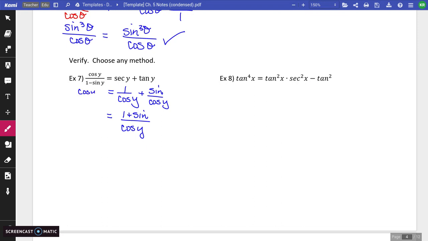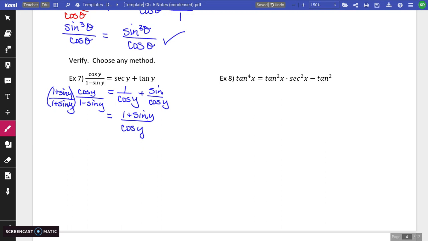So what I'm going to do is multiply this fraction by 1 plus sine y on top and bottom. Now it is legal to do that because I am multiplying by 1 in the form of 1 plus sine y over 1 plus sine y.